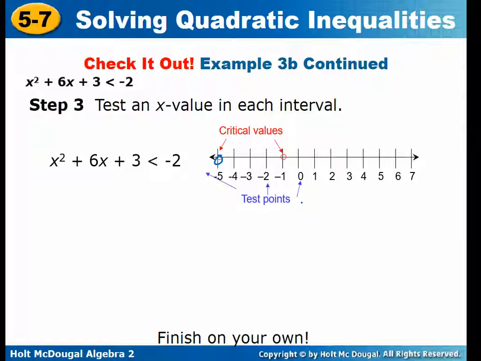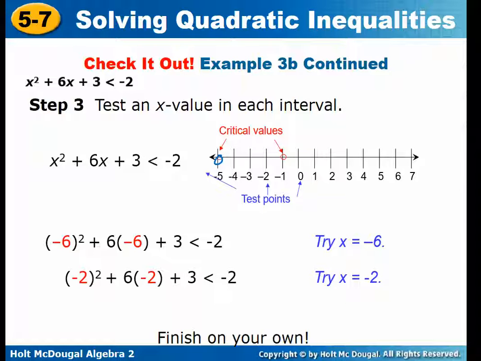You can pick different points. So I picked -6 for my first one. And then I'm going to check -2 for my in between. And then I'm going to pick 0 for my greater than. That's the easiest one.